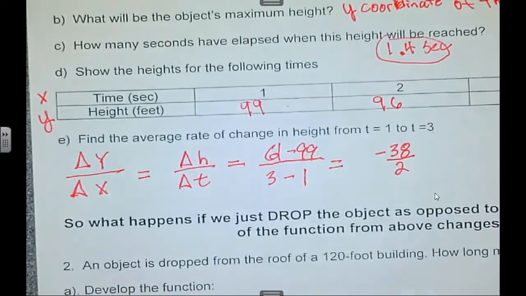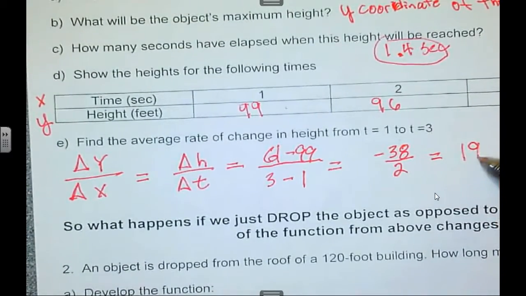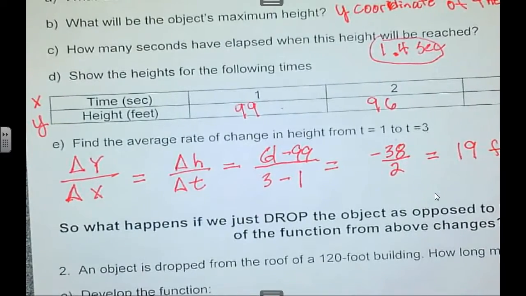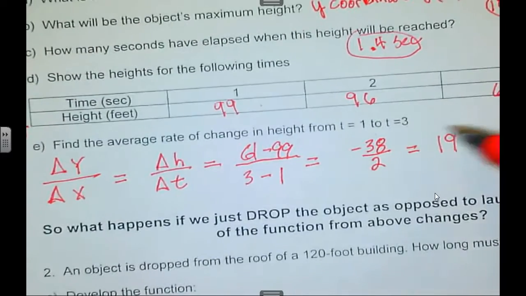Now, we're doing distance, right? So I can't really use a negative distance, can I? So it's going to be 19 feet per second. That's my rate of change.